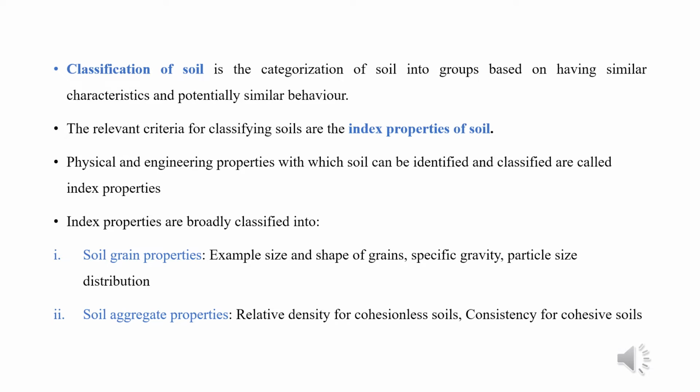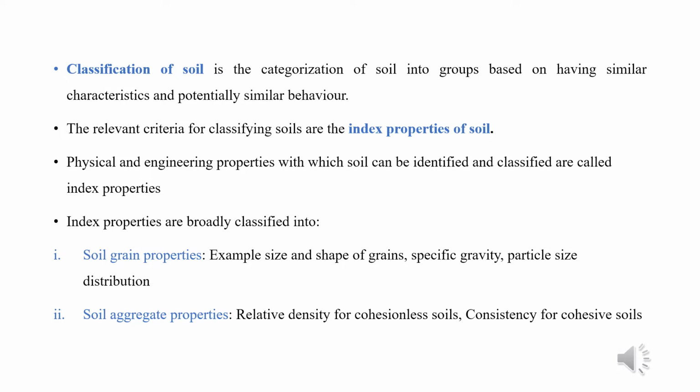Some examples of soil grain properties are the particle size distribution, which is very important, and we learn about this in the next slides, the specific gravity, and the grain shape and size, right? Another is the soil aggregate property.